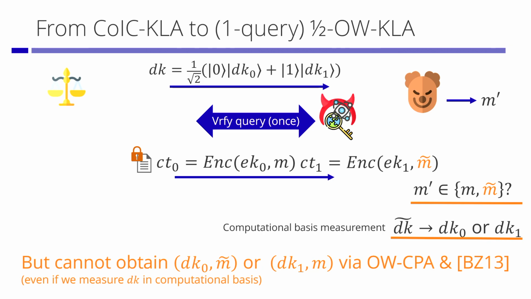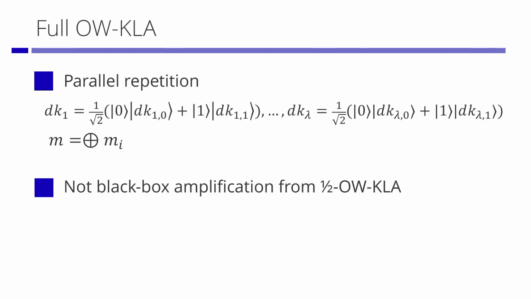So this is a high-level overview of our construction. However, of course, half security is not sufficient. We want to achieve full one-way carrier security. We can achieve this by using parallel repetition. We just use two lambda key pairs of public key encryption keys, and we encrypt shares of the plaintext.